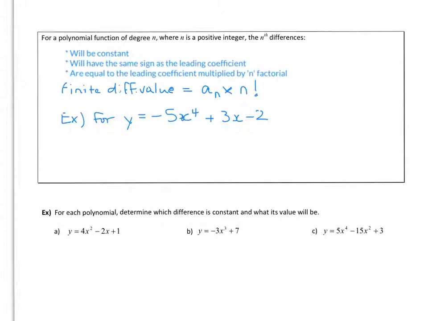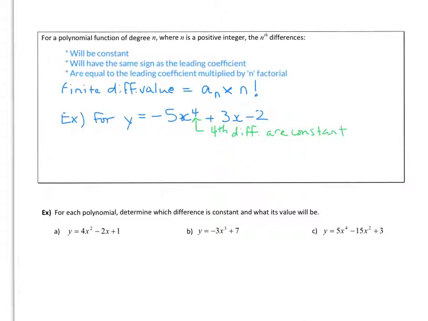So this tells us that the fourth differences will be constant. We'll get the same value every time once we take the difference of the y 4 times.